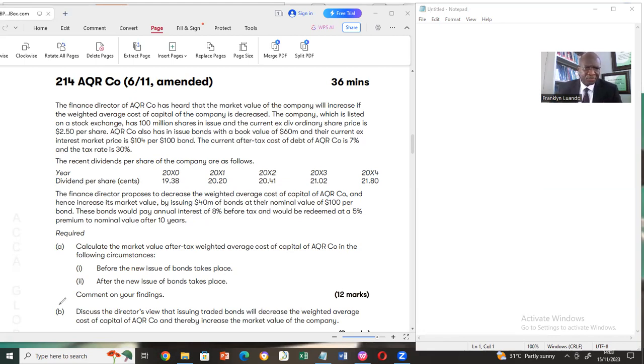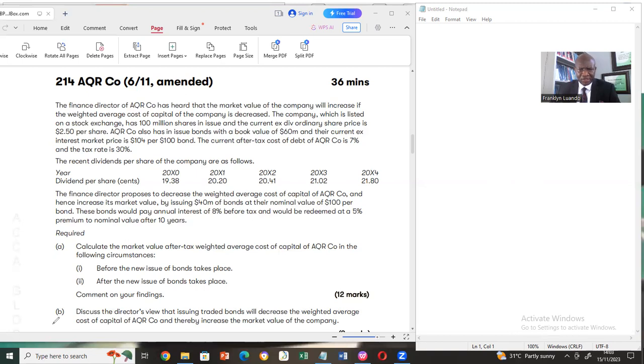We have the finance director of a company who has heard that the market value of the company will increase if the weighted average cost of capital of the company is decreased.